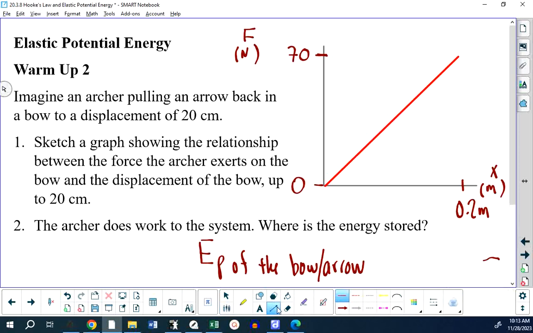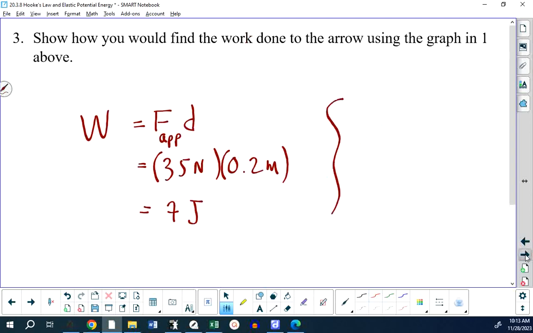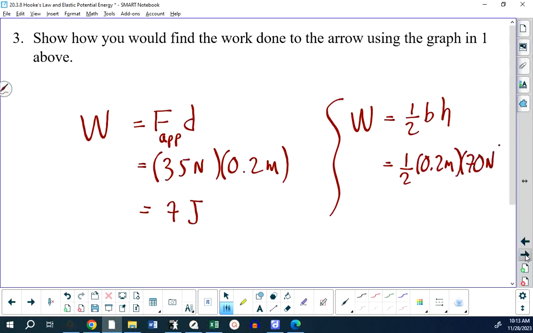To find the work done here, you go area, which is a triangle, which means rather than doing this, which I'm never really going to want you to do, I wouldn't recommend using an average force. I would just say the work done is the area, which is 1/2 the base times the height, which is 1/2 times 0.2 meters times 70 newtons. And guess what that's going to give you? 7 joules.